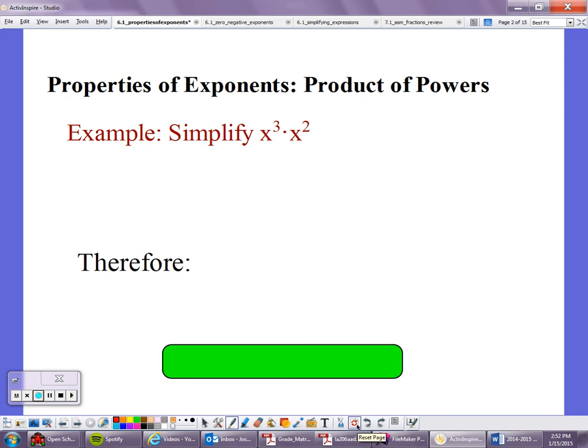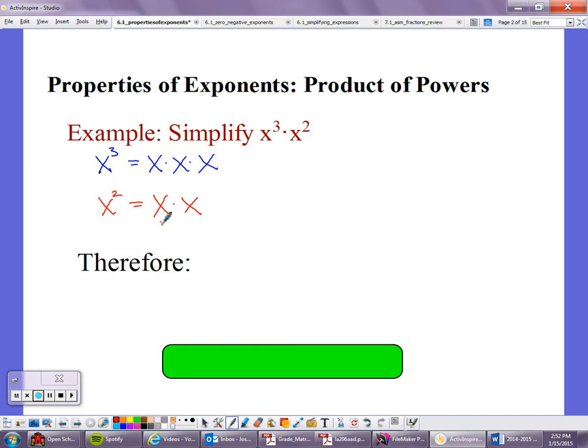Well, first, let's just remind ourselves what these mean. What is x cubed? It's just x times itself 3 times, or x times x times x. And then x squared is just x times x, 2 x's. Not the same as 2x, that would be 2 times x, but x squared is x times x.